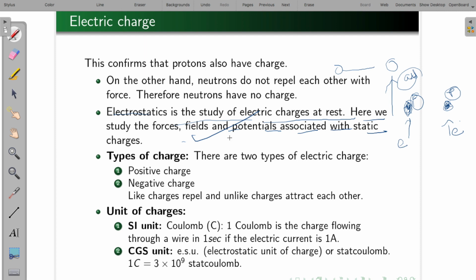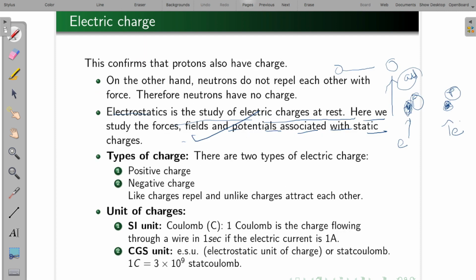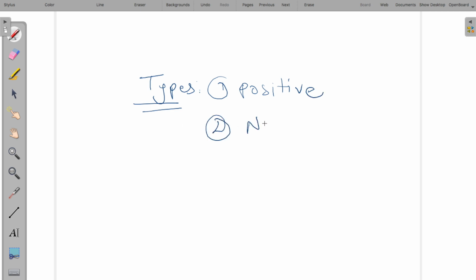Now let us discuss the types of charges. We have found that electron and proton have an additional property which we call charge. There are two types of charges: one is positive charge, another is negative charge.